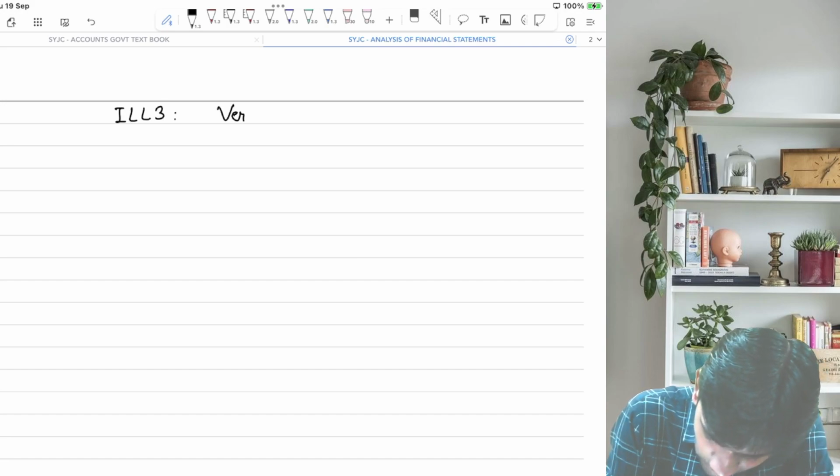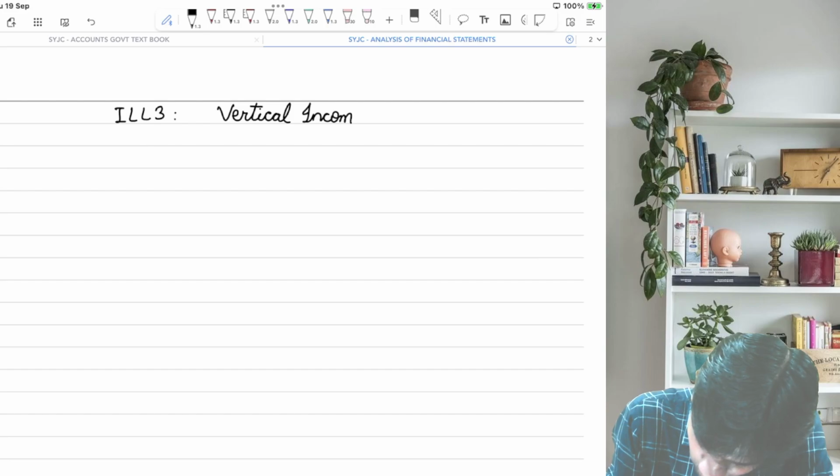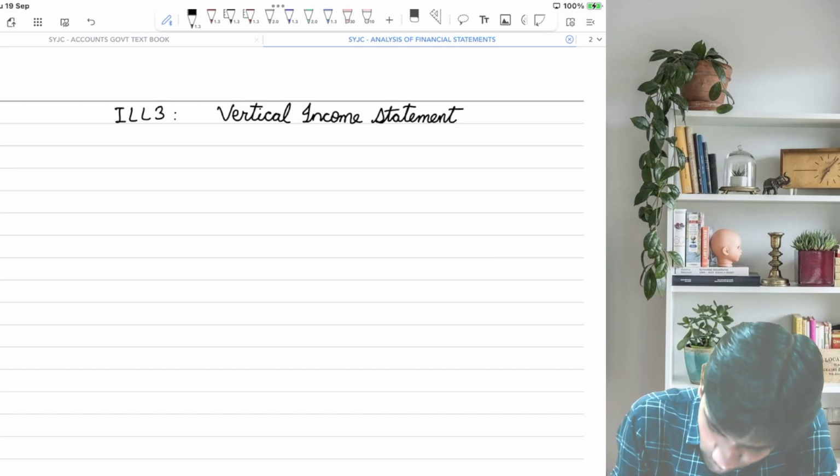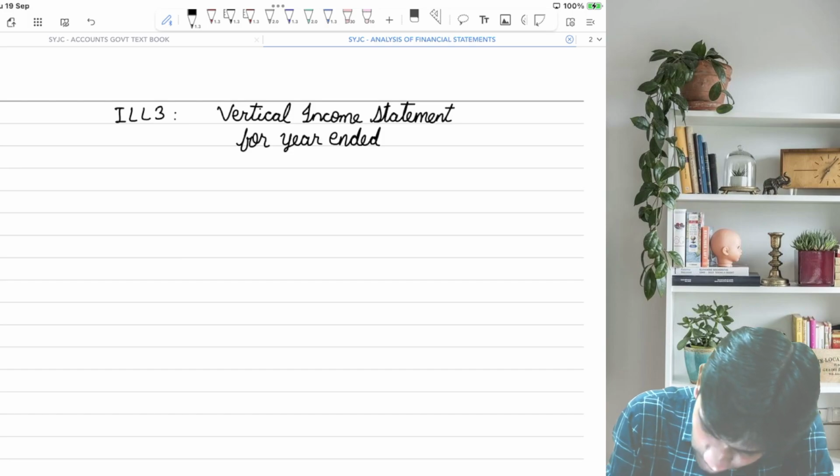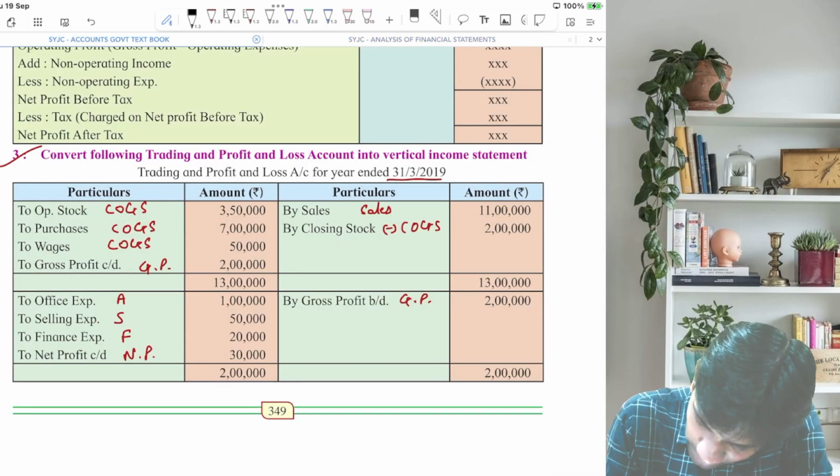We'll write vertical income statement for the year ended, what was the year ending? 31st March 2019.